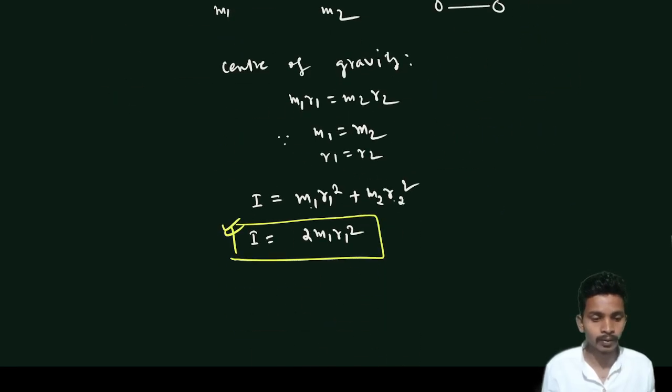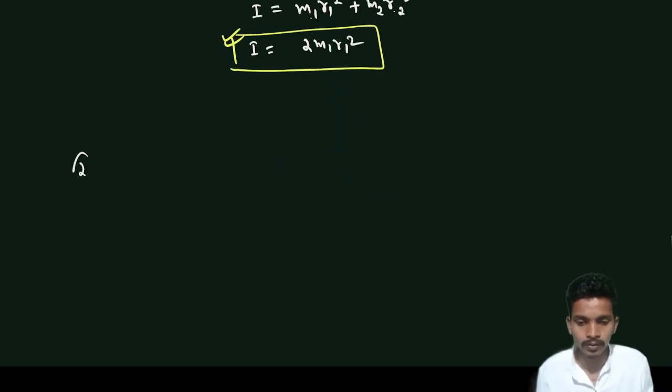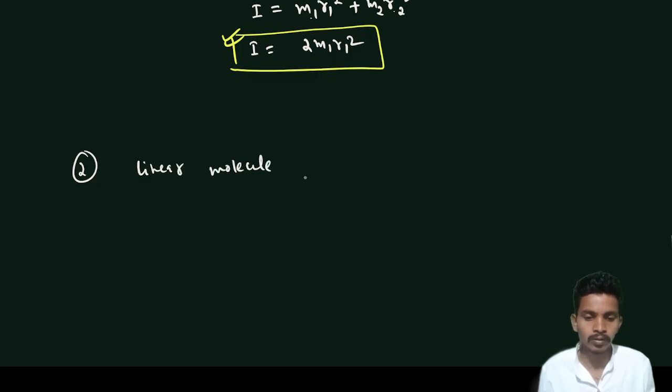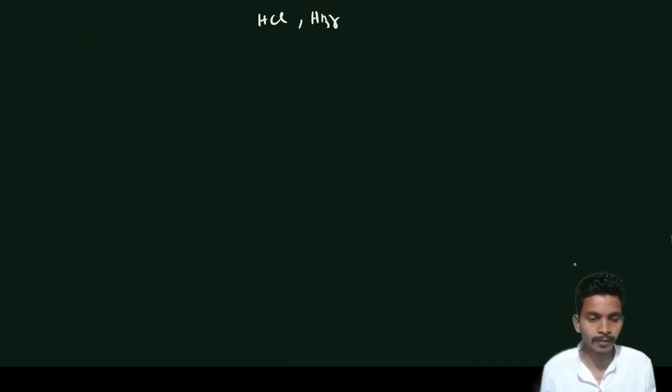Now if we talk about another condition, a linear molecule with different ends, like HCl, HBr, this type of molecules, having two different ends.